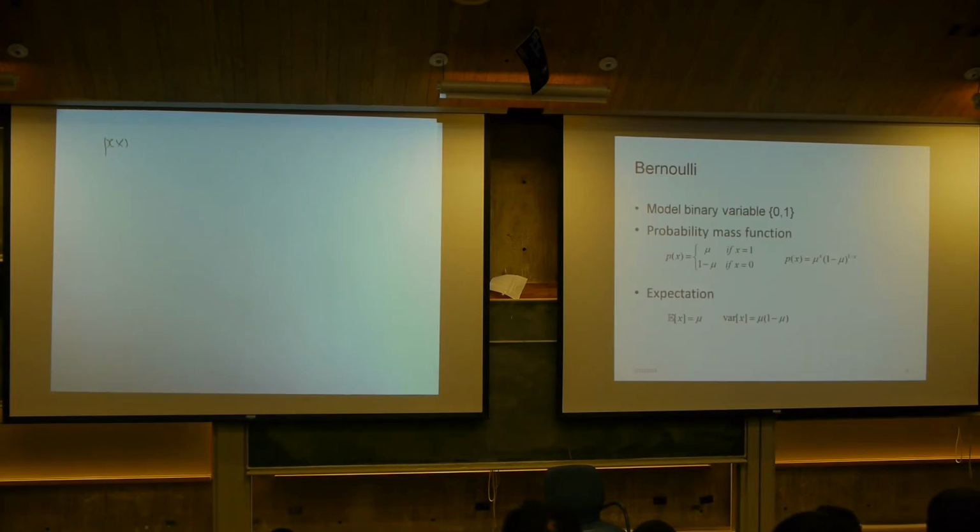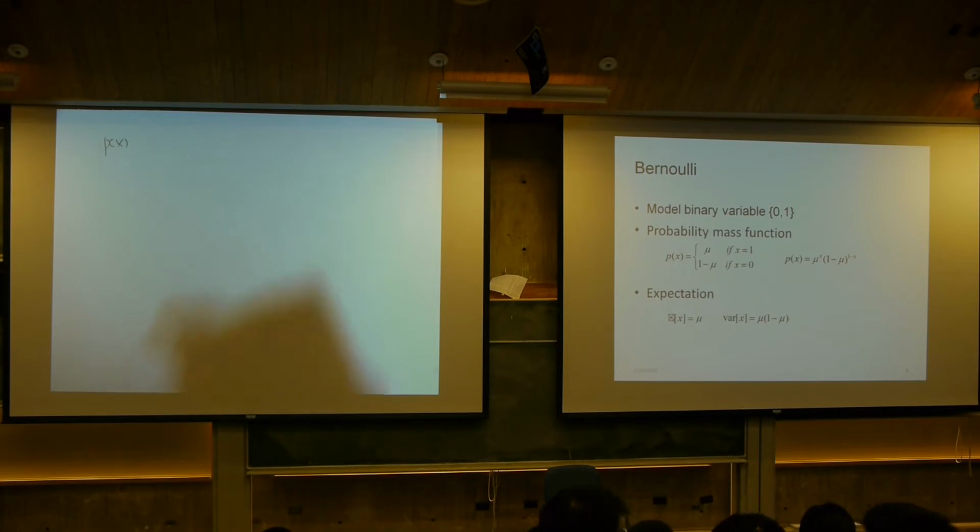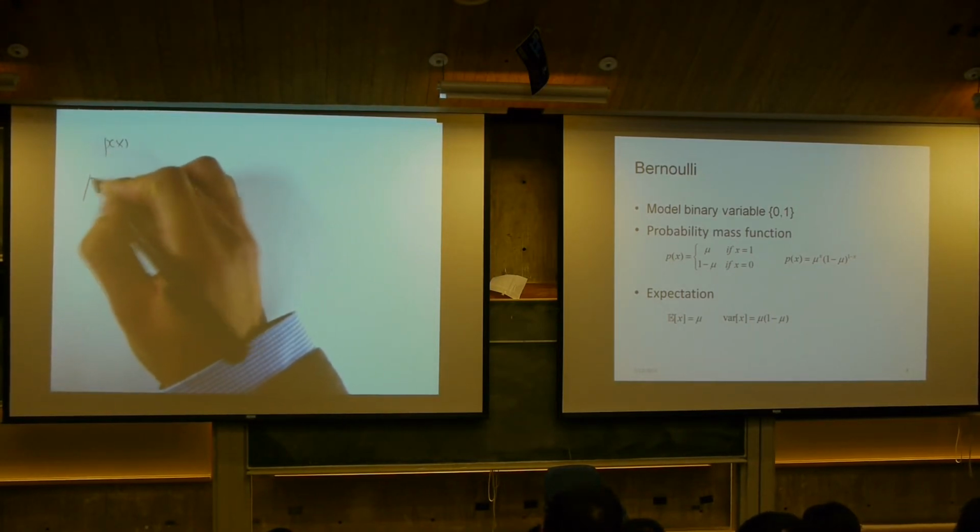Okay, the first one is Bernoulli distribution. It is used to model binary variables. An event has two outcomes. We use 1 to denote that this event happens, and 0 to denote that this event does not happen. For example, in two-class classification problem, suppose we have a picture.